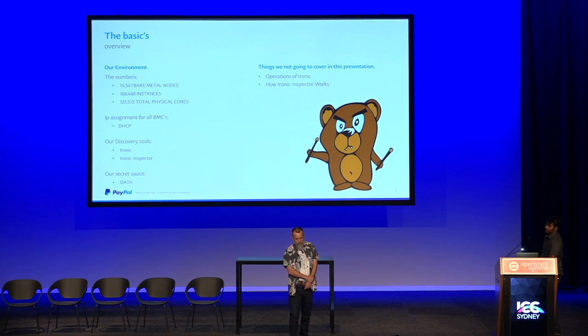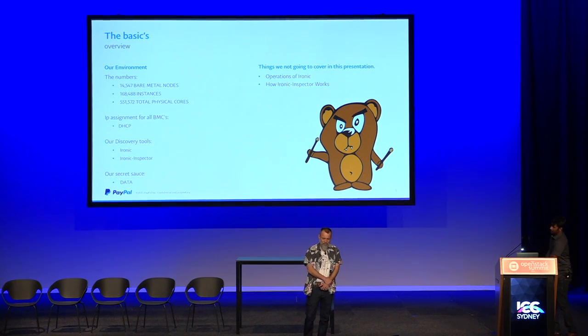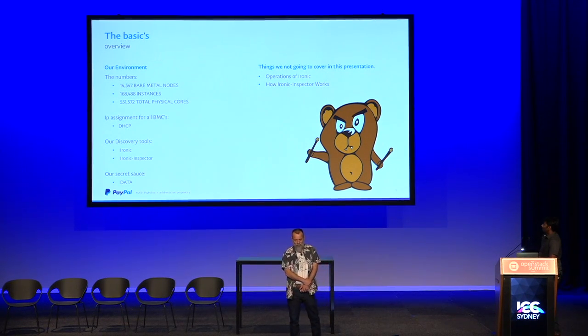We have different data sources that we read, and discover stuff, and then provision. We are not going to cover how Ironic actually works, or how the Inspector works. We are going to talk about how Ironic is being used to discover nodes and the other tools that we are using currently.